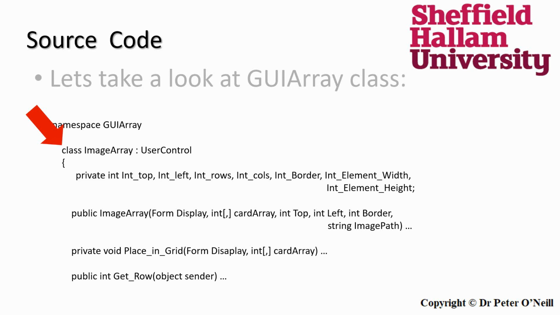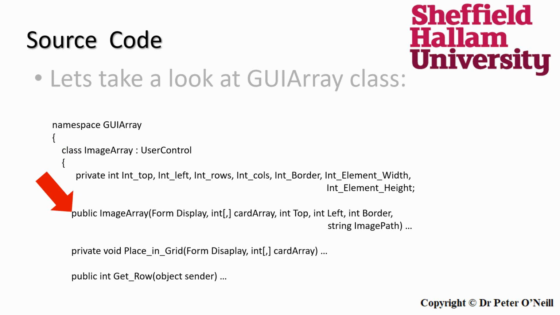So essentially we've got a class which inherits a user control. We've then got a private, right? Private means that those outside cannot change these values. Once they're set, we've got them only in the class, and only the class can now change them. That is this class, the image array class.